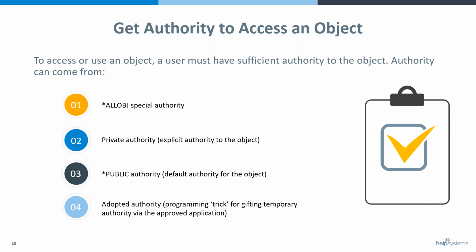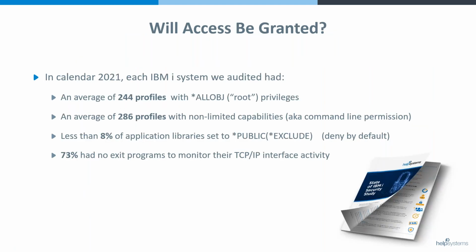And then lastly, we have a last gasp effort. It's a programming technique called adopted authority that allows us to include or introduce the permissions granted via the ownership or the owner profile associated with the application program, if there is one. So the question is, out of those 4 things, is access going to be granted?